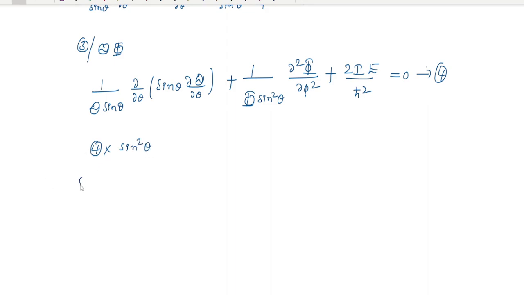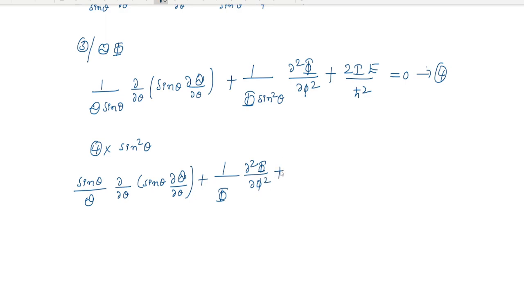Then you'll get this equation like this: sine theta divided by theta, dou by dou theta, sine theta, partial derivative of theta divided by small theta, plus, sine square gets cancelled, 1 divided by only pi in the second term, cos square sine divided by dou pi square, plus 2ie divided by h cross square sine square theta equal to 0.